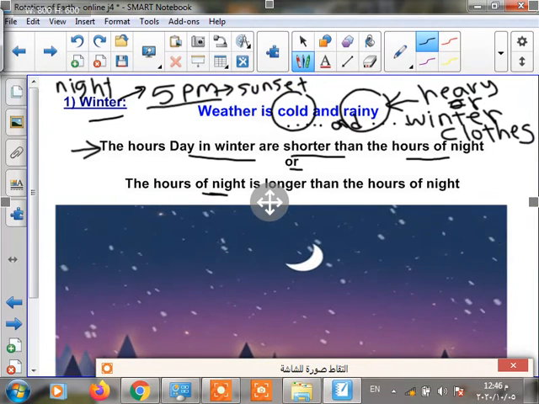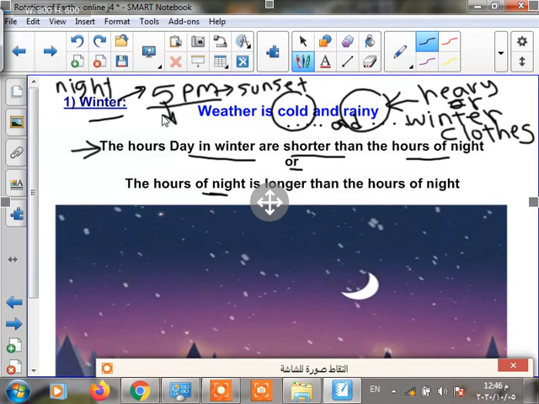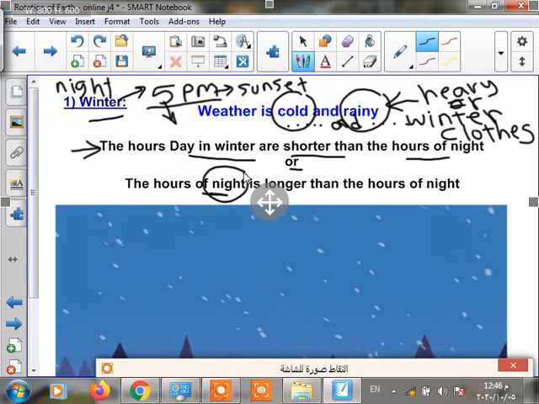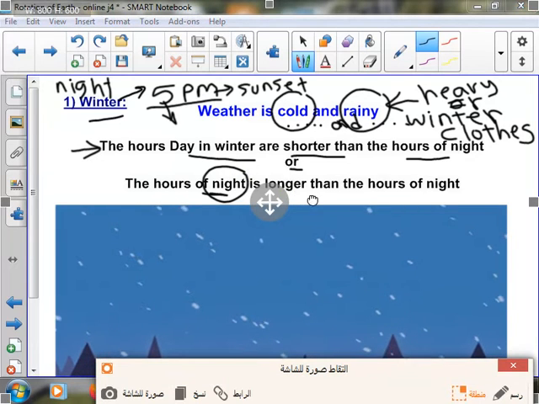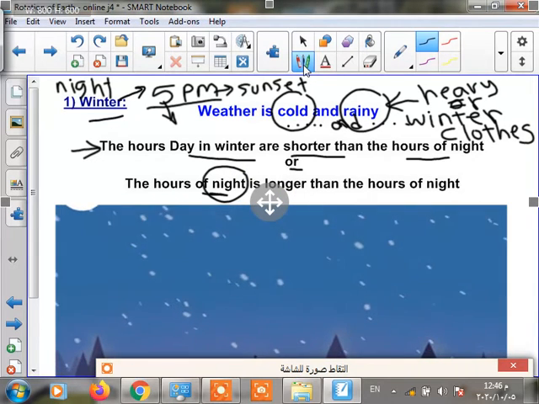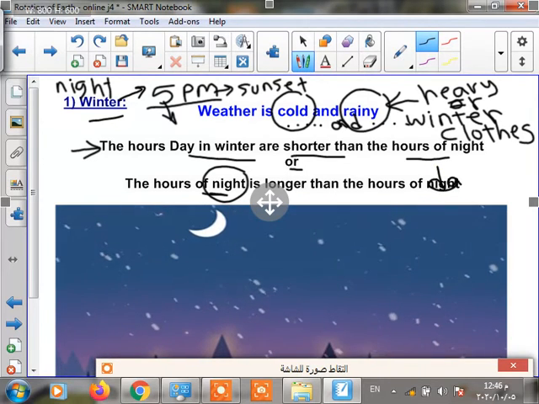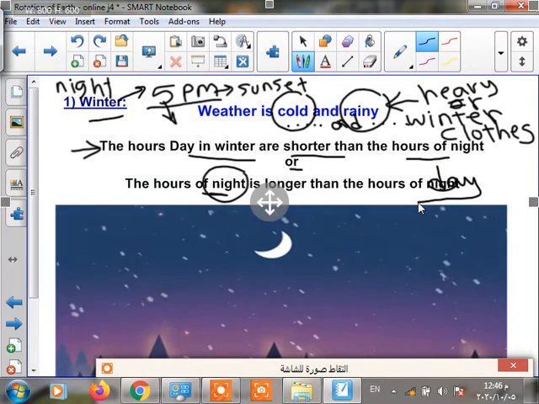So from 5 p.m. until the next day, the night will be longer than what? Yes, the night will be longer than the day.